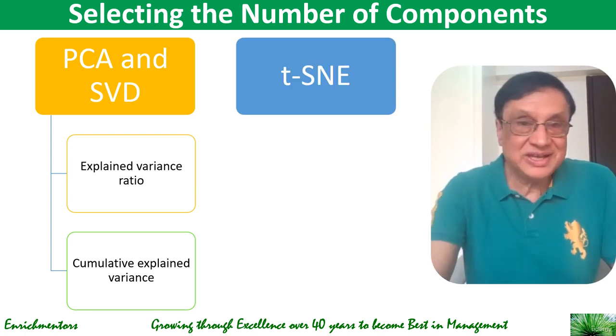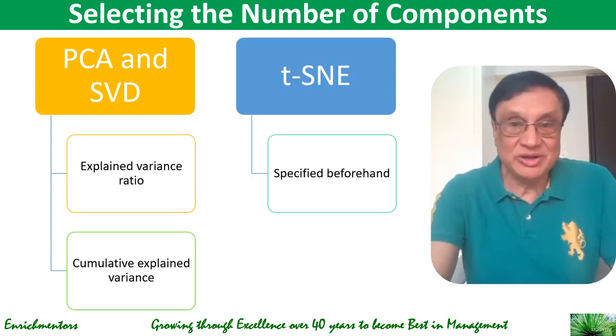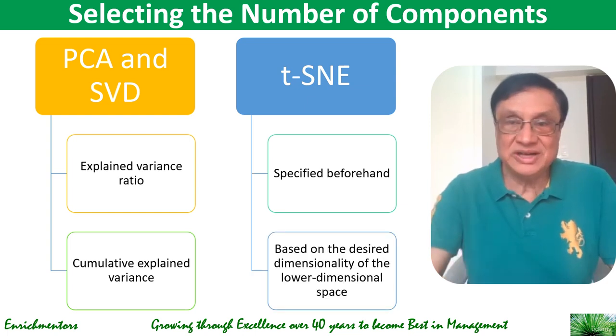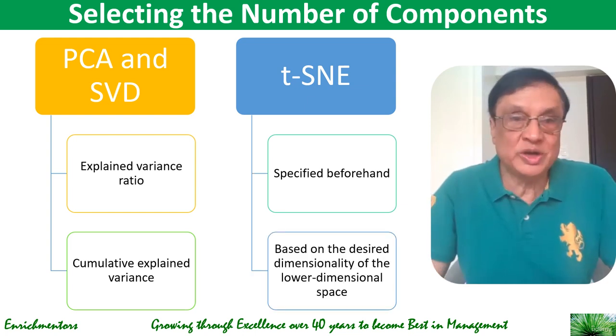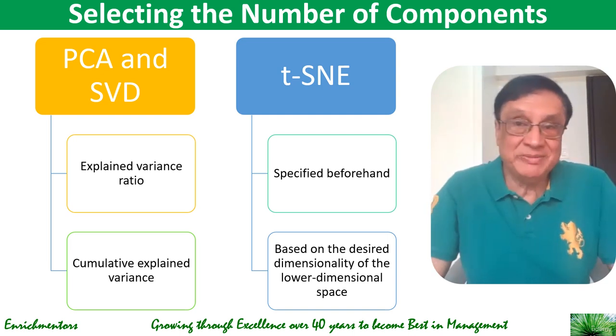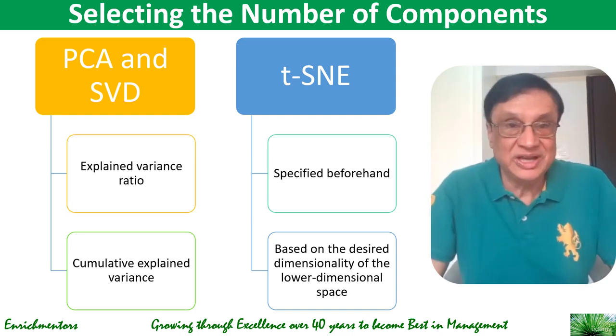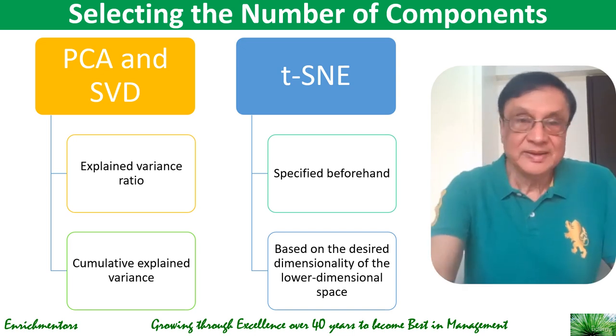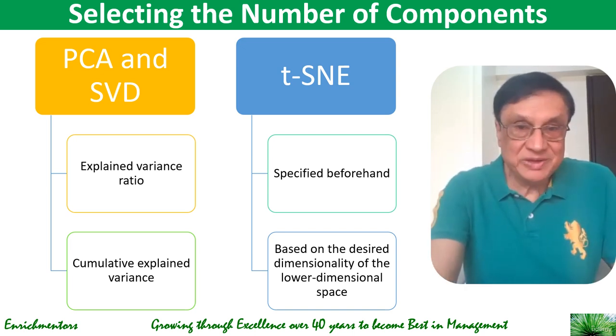For TSNE, the number of components is already specified beforehand, and it is typically based on the desired dimensionality of the lower dimension space. So you say, I want a 2-dimension space, I want a 3-dimension space, I want a 5-dimension space, and then TSNE proceeds accordingly. Now, what is this explained variance?